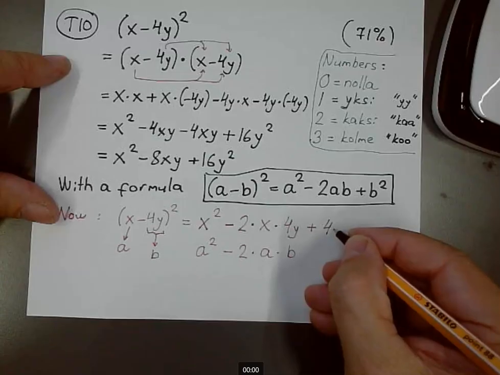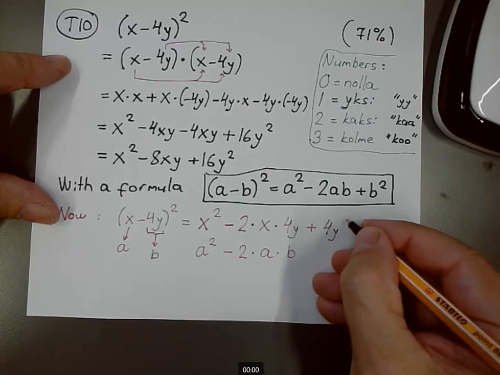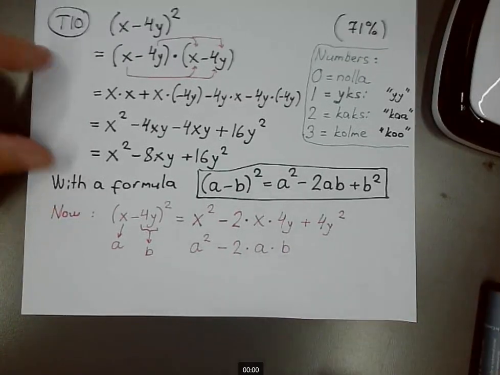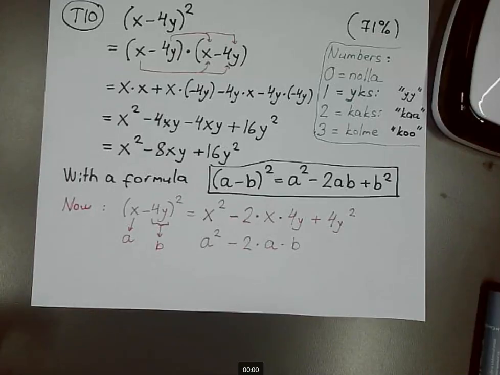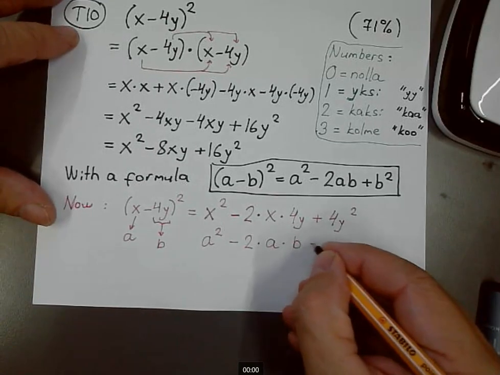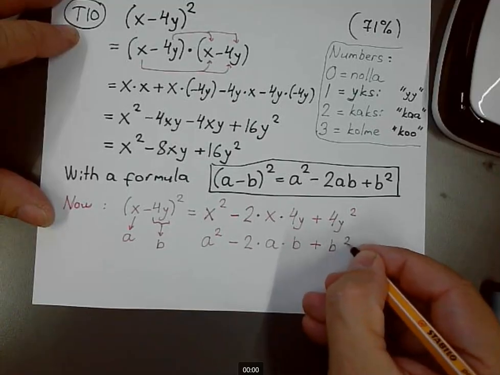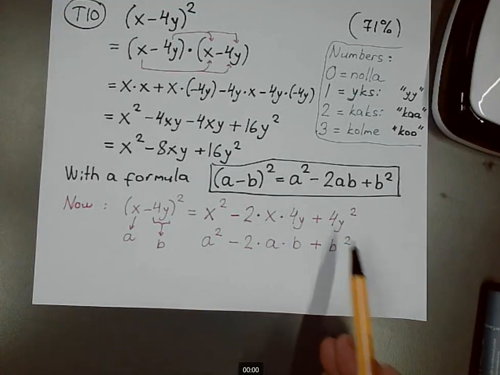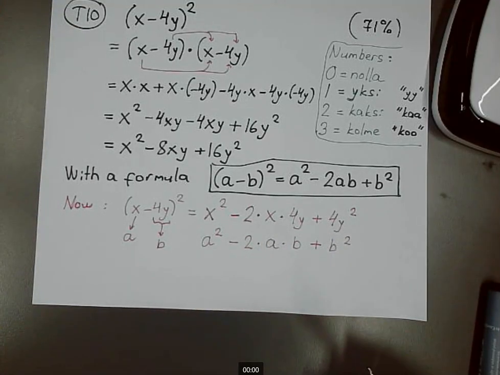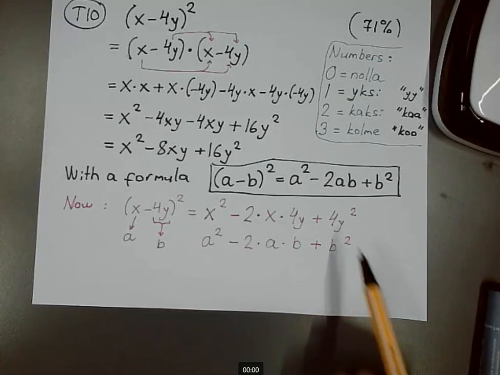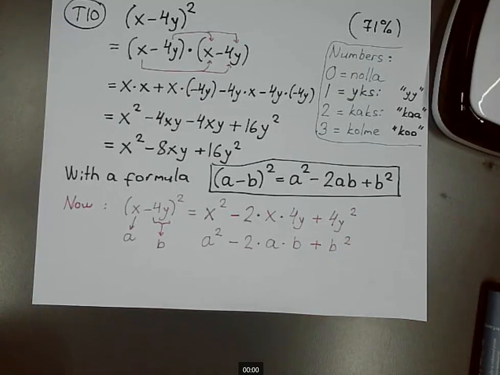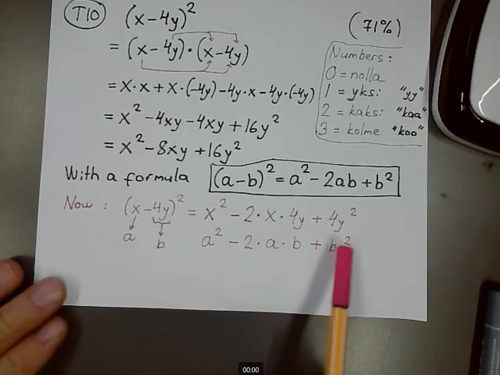I may make a mistake now. What is the mistake I made? There should be plus b squared there, and this now I didn't make it correctly. You may write in the chat box if you like. Is it okay? This?